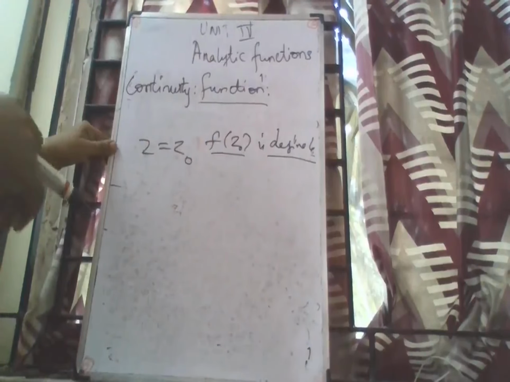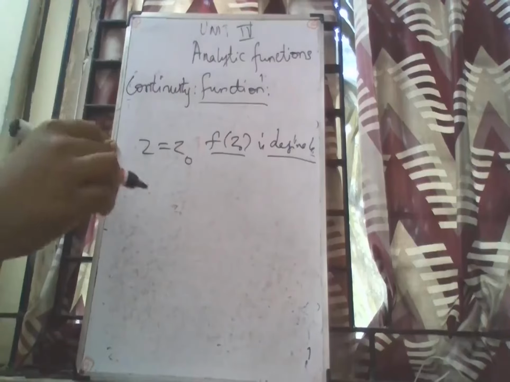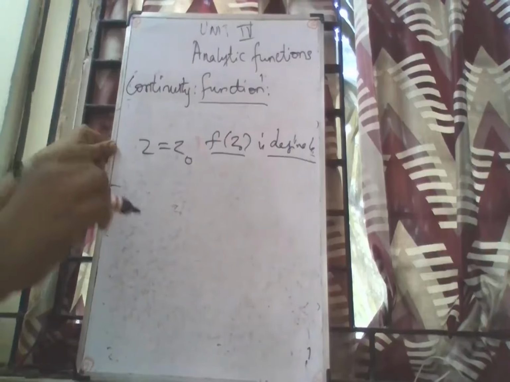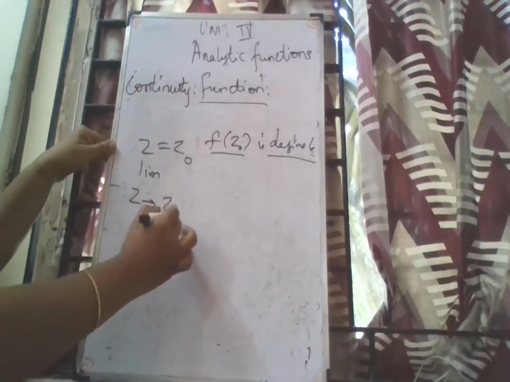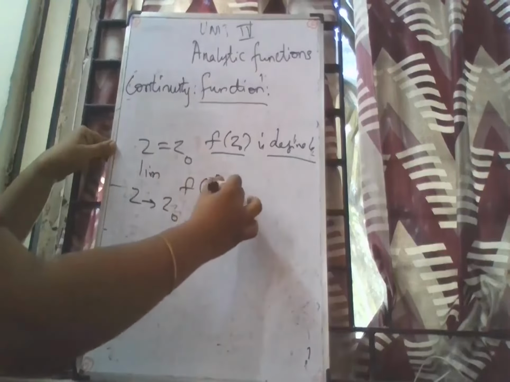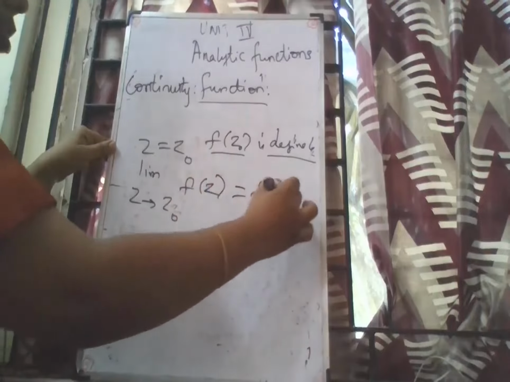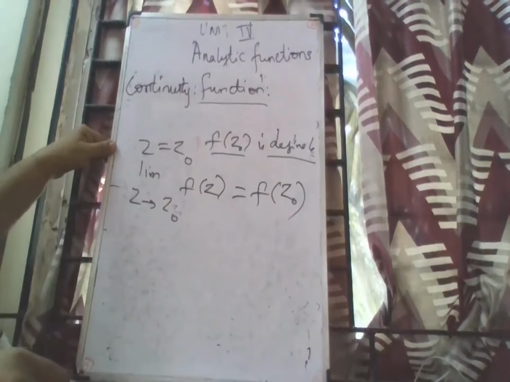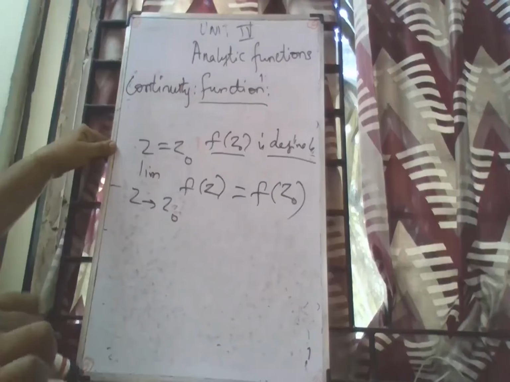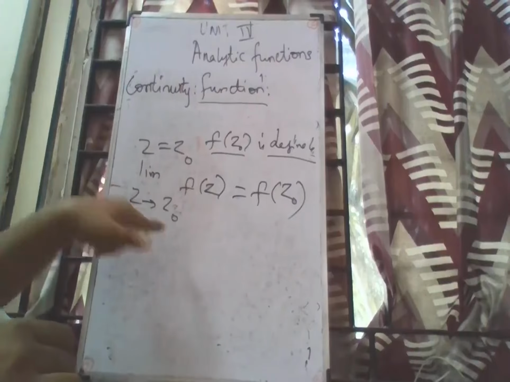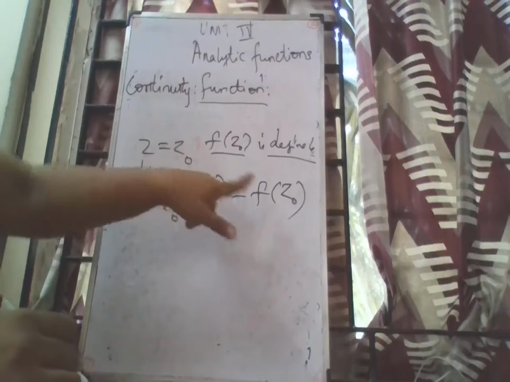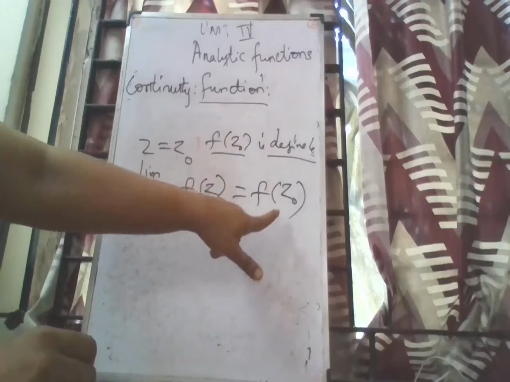And the limit as z tends to z naught of f of z equals f of z naught. So this is nothing but continuity of a function. The limit as z tends to z naught of f of z tends to f of z naught.